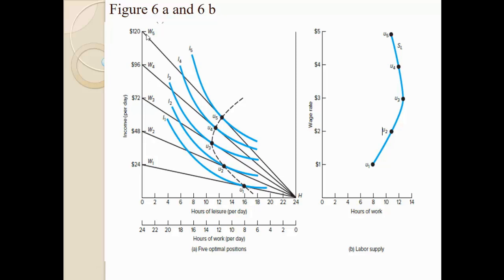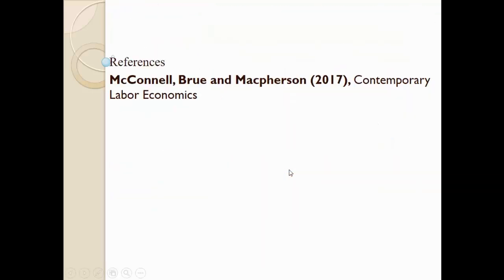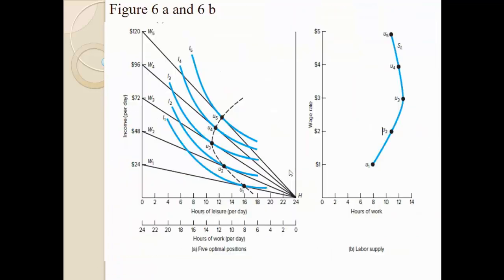So, students, let's come to the point at I1. Initially, with the budget line when the wage rate is W1, the labor is in equilibrium at U1, and he allocates 16 hours to leisure and 8 hours to work, as we discussed earlier. So, students, if the wage rate increases, the new budget line becomes W2H, where you see 48.